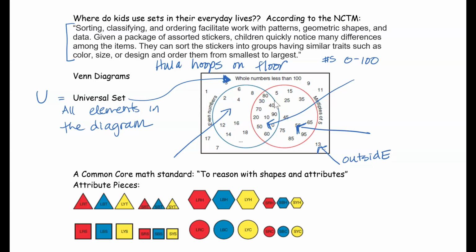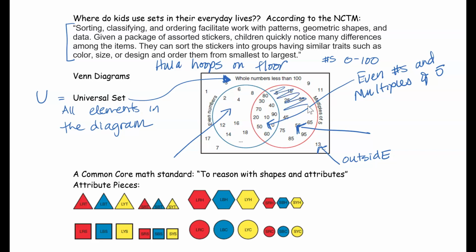So the middle, that would be even numbers and multiples of 5. So it's what they have in common. I'm going to erase that and do the next one.